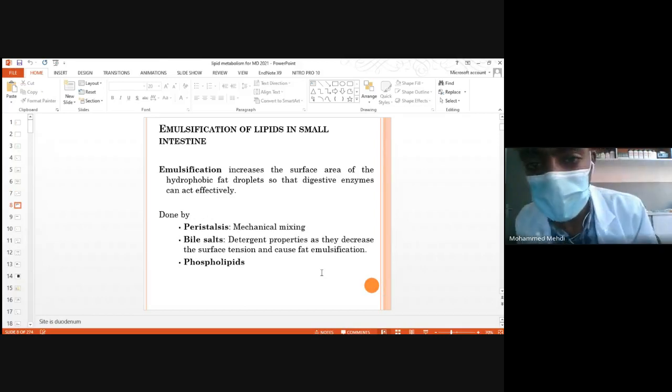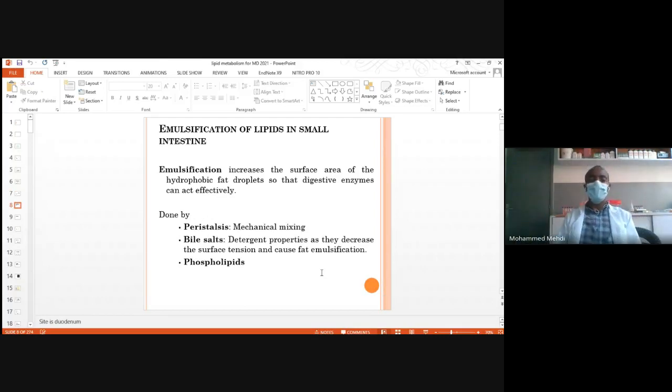So the first process in the small intestine is the emulsification function. The emulsification process occurs before any enzymatic digestion. It is important to increase the interaction between enzyme and fat, increasing the surface area of the hydrophobic fat droplet to the digestive enzyme.